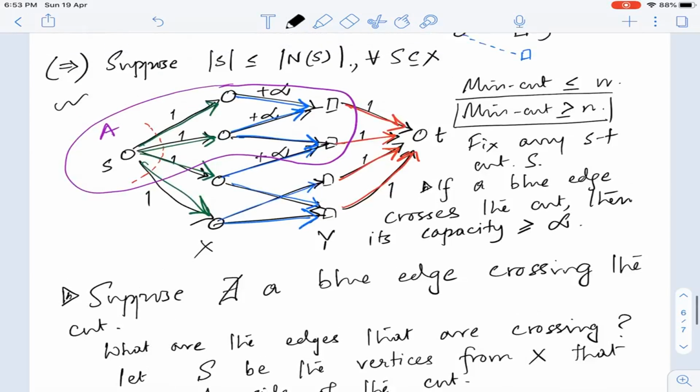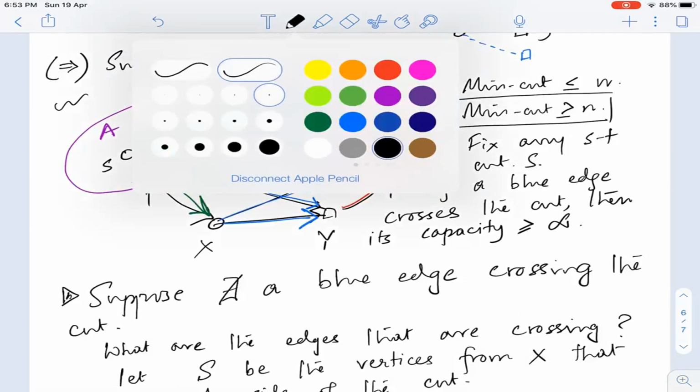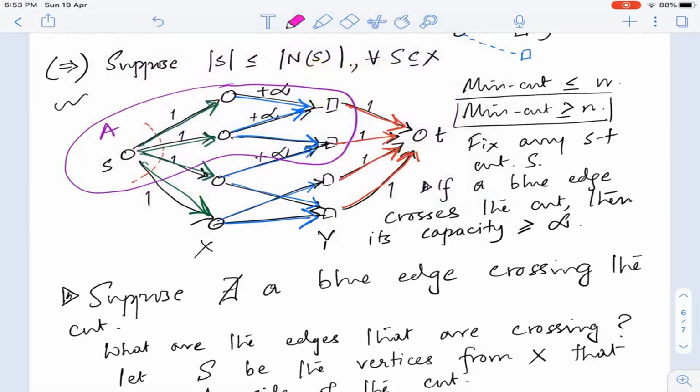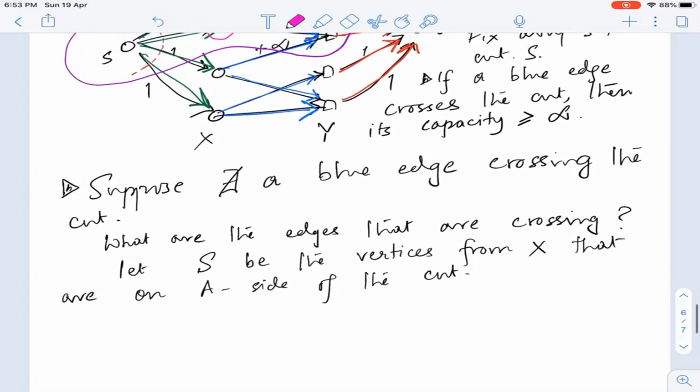Okay. So in this picture, what is this set S that I'm talking about? Well, this is the set. I'm looking at the X side and at the vertices that are present inside the A side of the cut. So that's my S. Okay. Good.